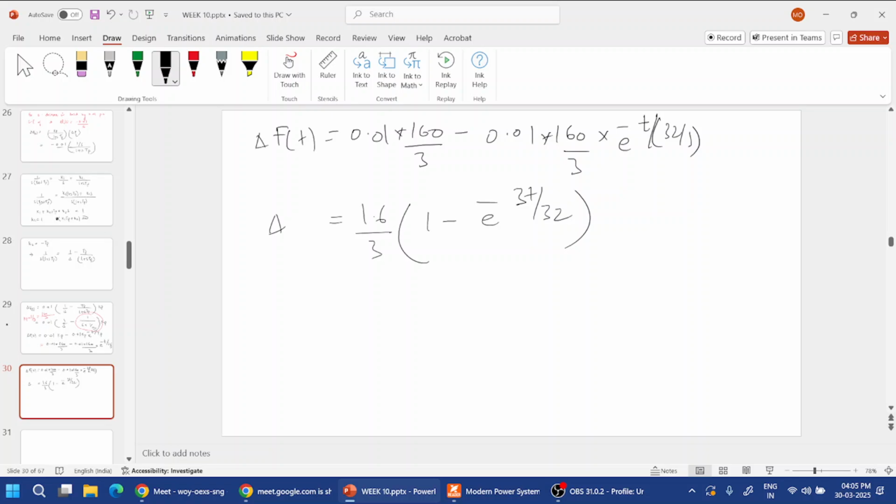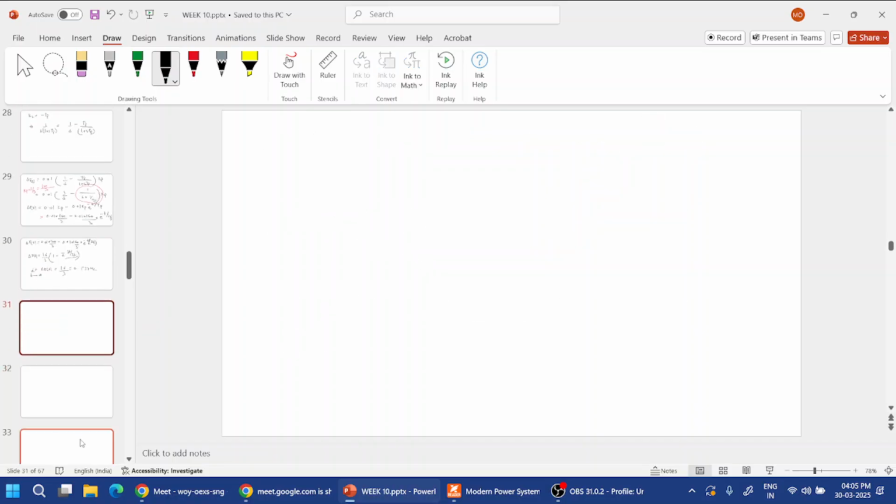And if we want to get the steady state frequency, then we take the limit t tends to infinity of del f(t). The exponential term becomes 0, so it comes out to be 1.6 by 3, which is 0.533 hertz.